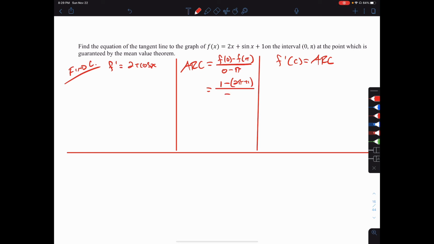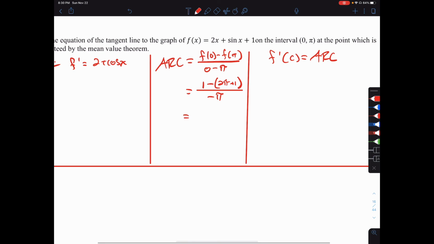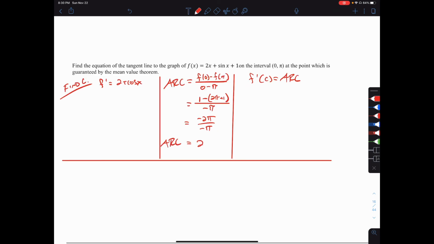On the bottom, I have negative pi. Now I wrote this in a way that doesn't look so hot. This is going to simplify to 1 minus 1's cancel. So I get negative 2 pi over negative pi. It's going to simplify to 2. The average rate of change is 2.